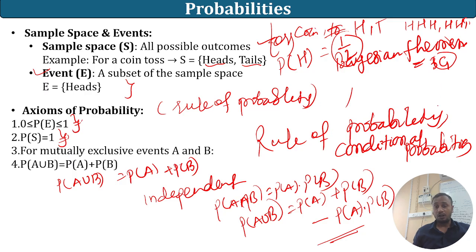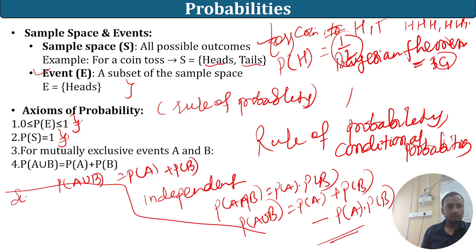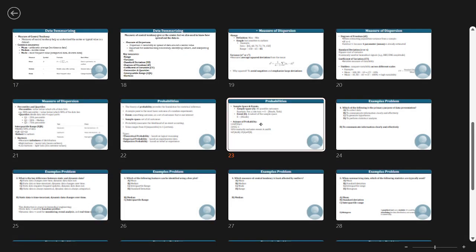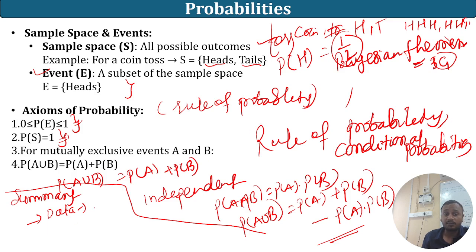Now I'm going to summarize what we have seen until now. We have seen data presentation in the form of histograms or graphs. Then we have seen descriptive measures, the data summary, where we get numeric values.